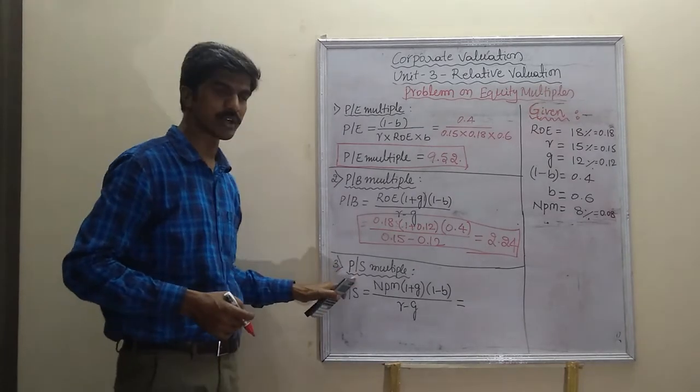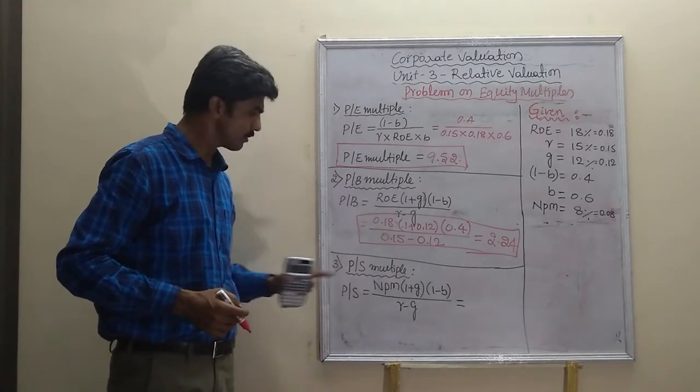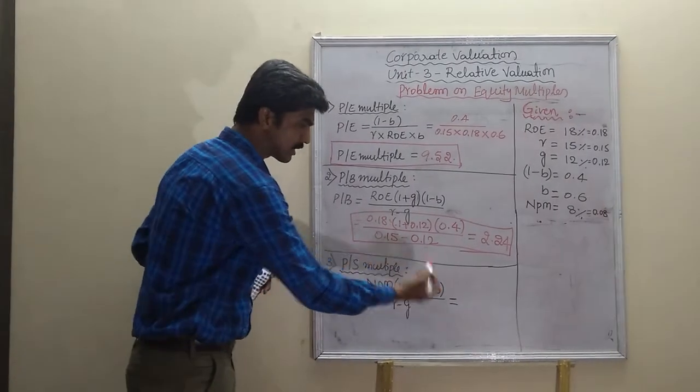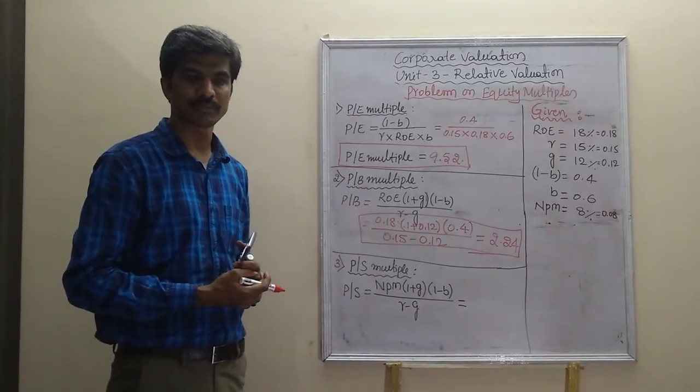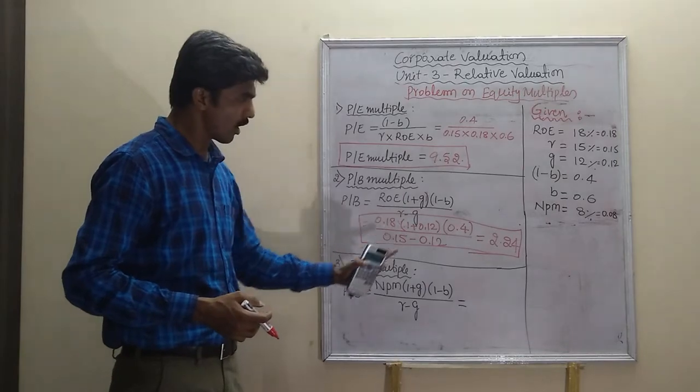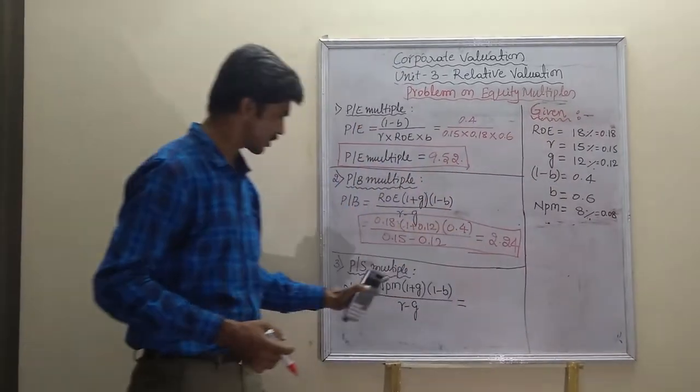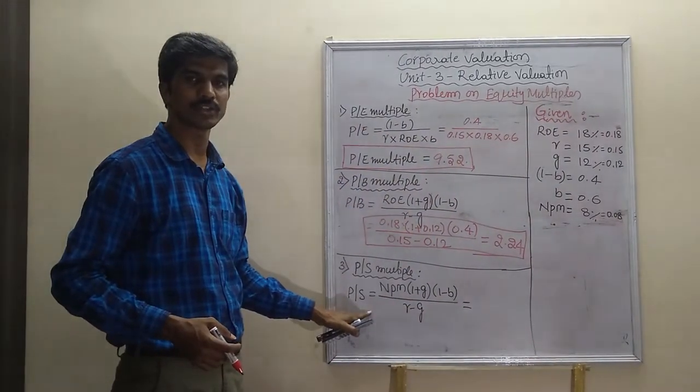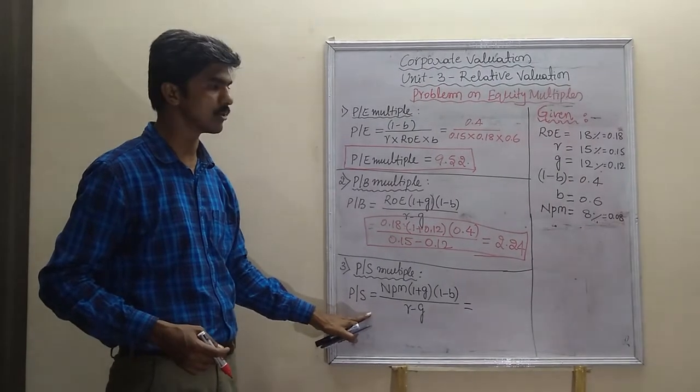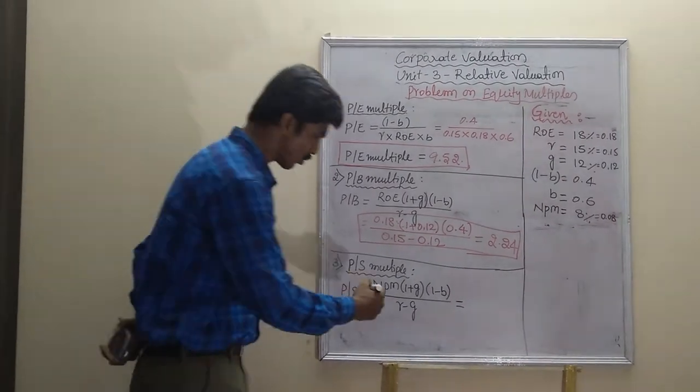Now move to the next one, that is the PS multiple, wherein here is the formula given to you. We can take the given things and substitute in this, and we can arrive at the PS multiple value. Now go on substituting.